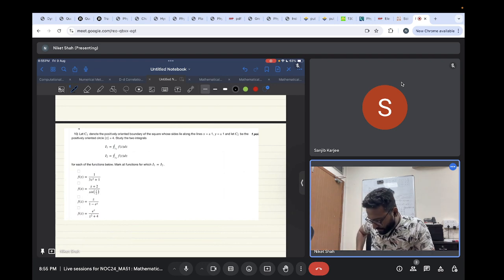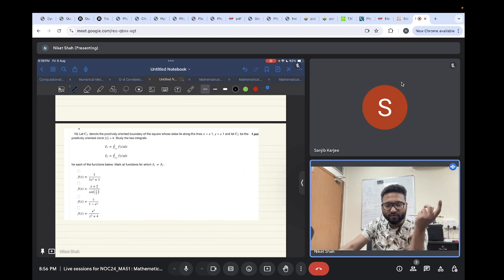C1 denotes the positively oriented boundary of the square whose sides lie along the lines x equals plus minus 1, y equals plus minus 1. C2 is the positively oriented circle, mod z equal to 4. Basically, the circle's radius is 4.